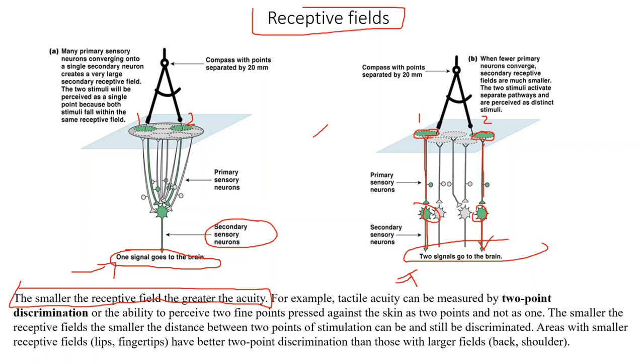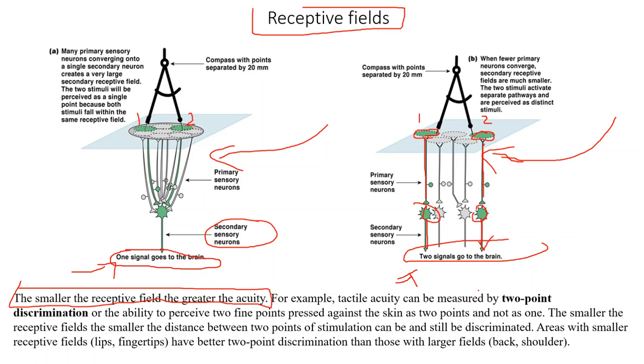What are the areas that have this kind of innervation? Of course, the areas of your body where you have more sensitivity, where you are able to discriminate better.